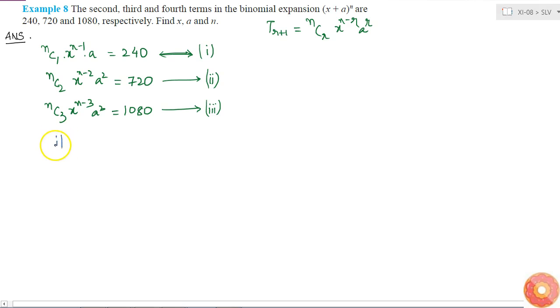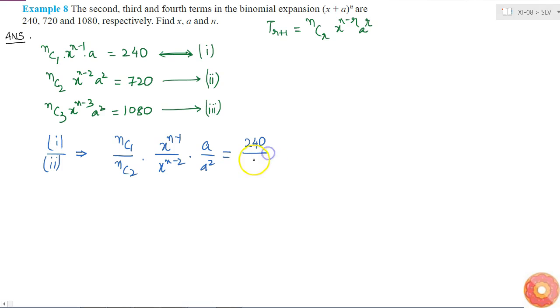So if I divide equation 1 by equation 2, what will I get? nC1 by nC2 into x^(n-1) by x^(n-2) into a by a^2 is equal to 240 by 720, right?